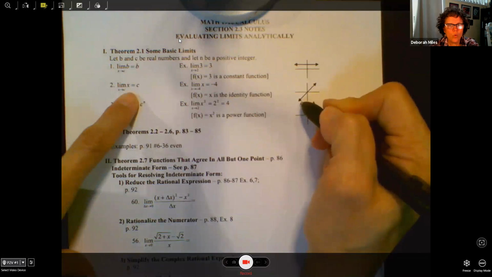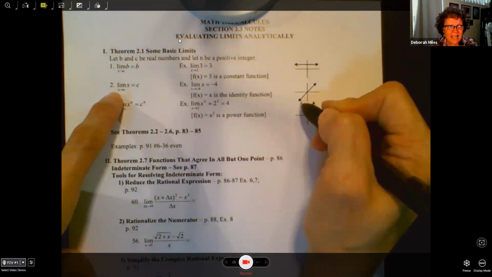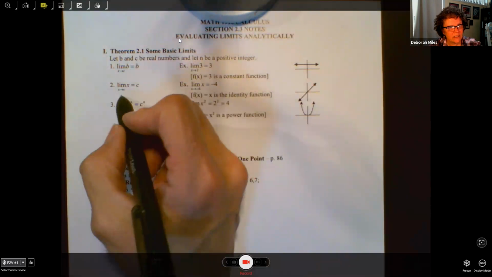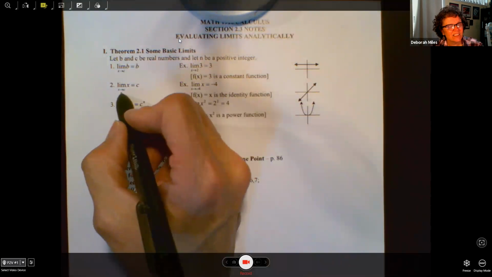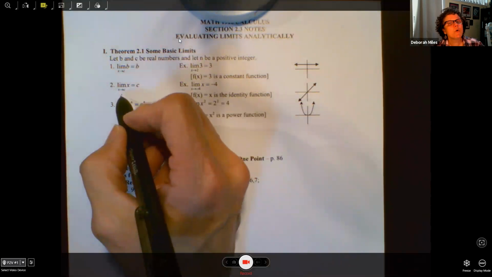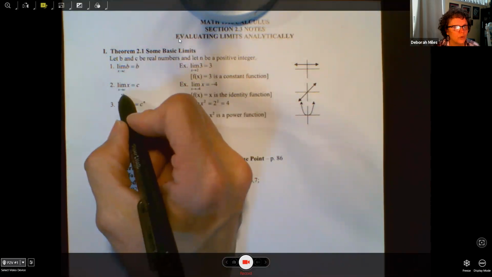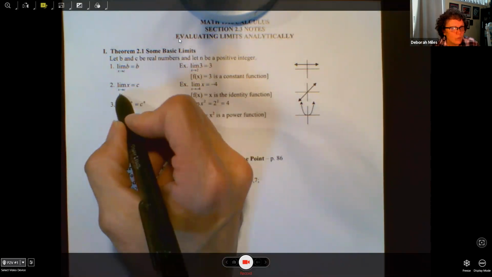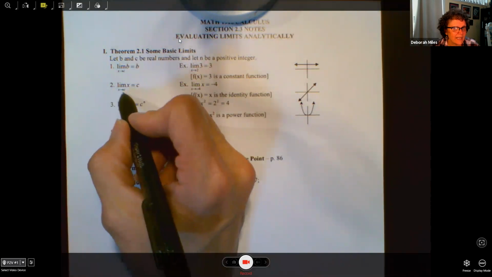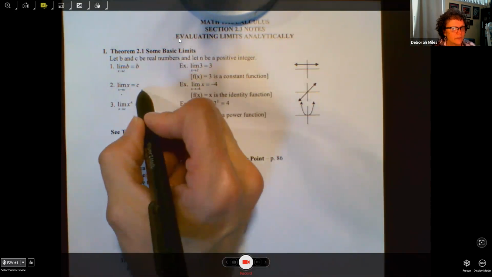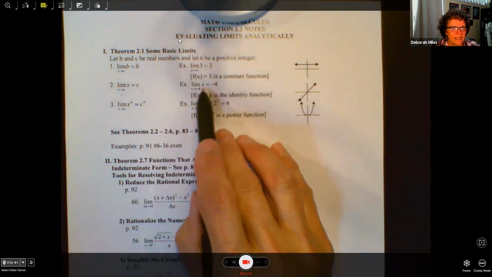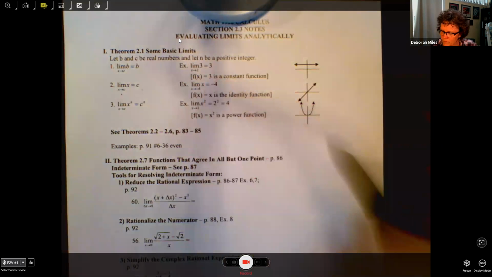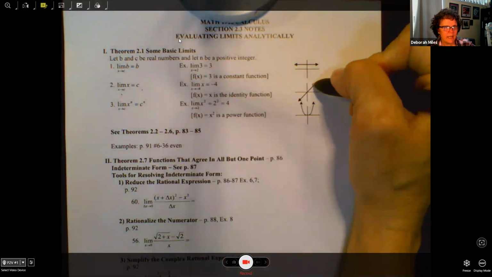If you want to know what y is getting close to on the line y equals x, well, whatever x is getting close to, y is getting close to the same thing. If you had the limit as x approaches -4 of x, well, on this line, if x was -4, y would be -4 also.